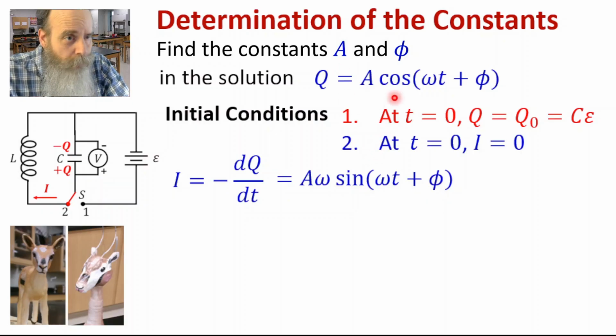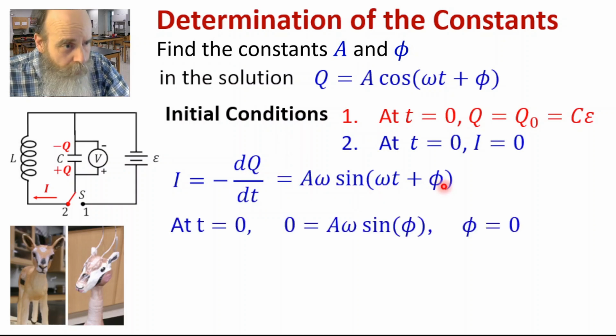I'm sorry, the derivative of cosine is negative sine. So the two negatives cancel out, giving us A omega sine(omega t plus phi). At t equals 0, we know that this current is 0, and putting t equals 0 into this expression, we get A omega sine phi. So the solution is phi equals 0, because sine of 0 is 0.